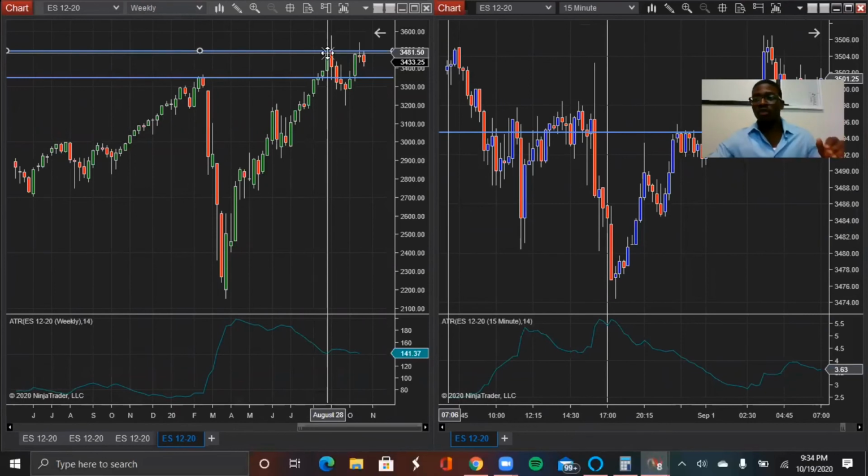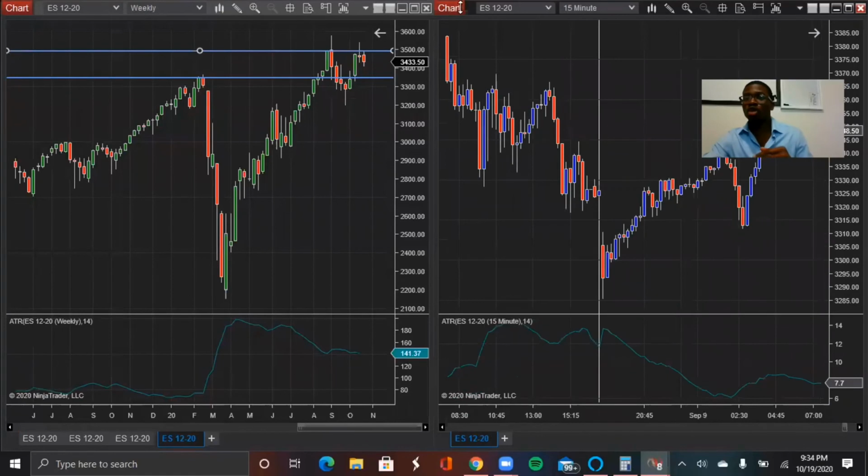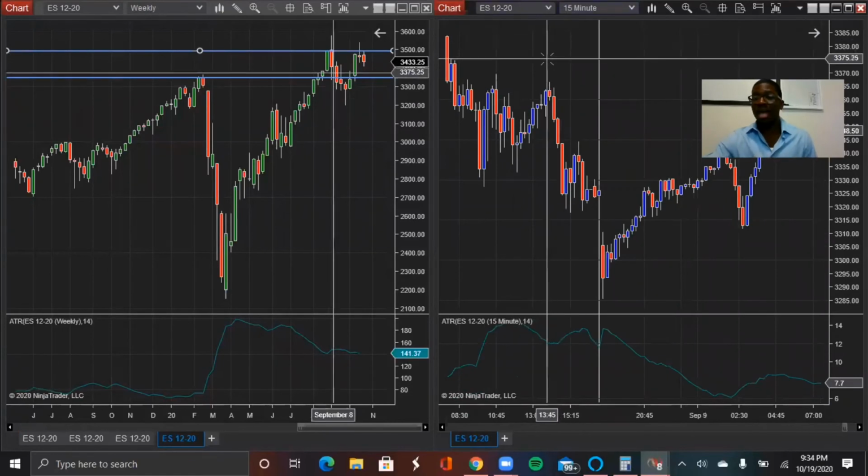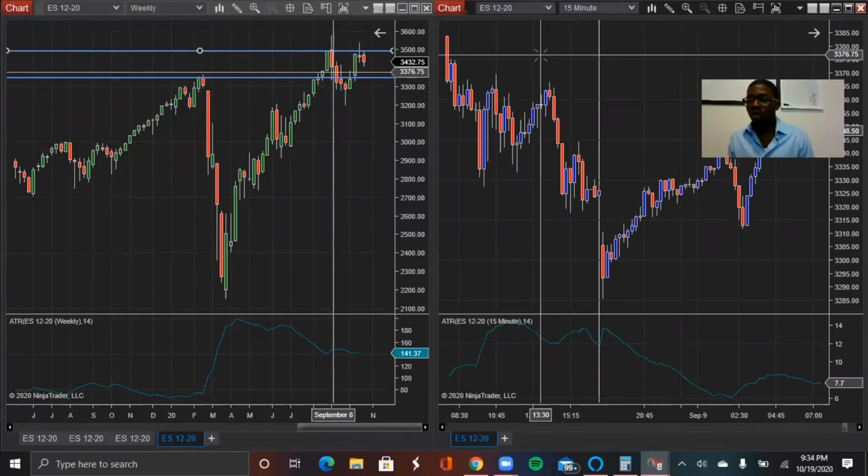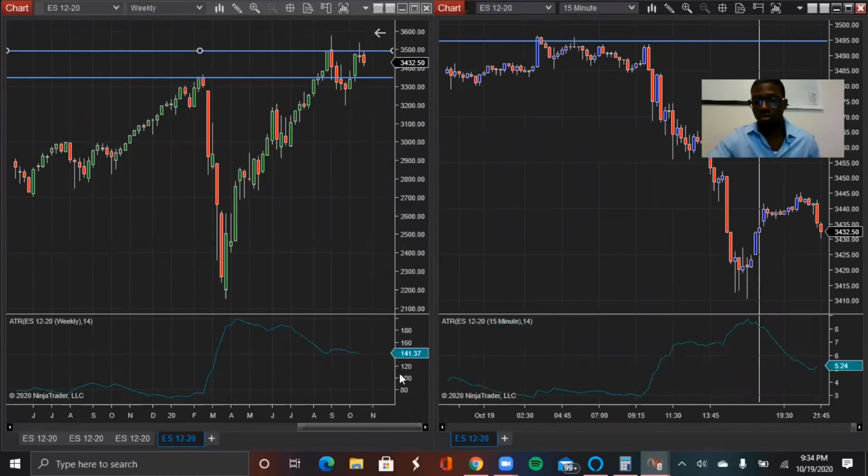I identify my areas of support and resistance based off of that because it holds more sustenance. And then I go to the 15-minute chart or sometimes the 30 and look for areas where I can get in currently, short term. But regardless, always want to refer to that high time frame. Why? Because it holds more sustenance.